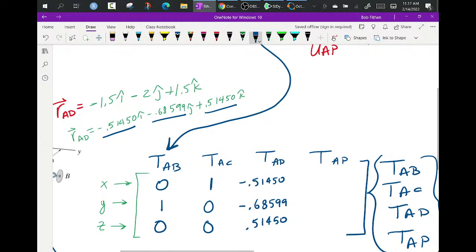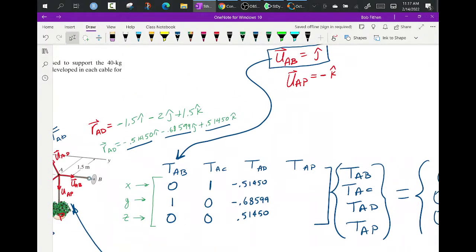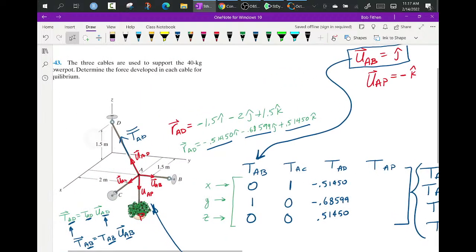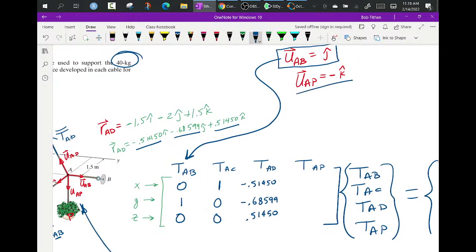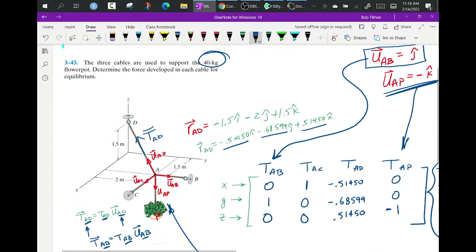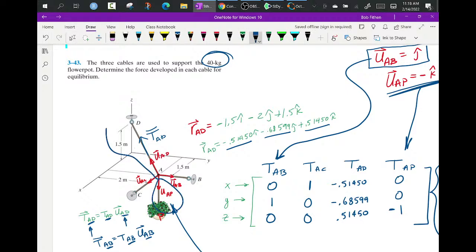Now, you got TAP. Now that one, actually you know, but let's pretend we don't know it yet, and just list this vector in there. It'd be 0, 0, and a -1. Why -1? Because it points down and that's up.